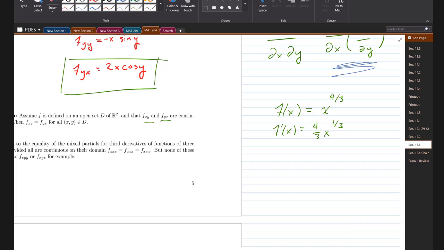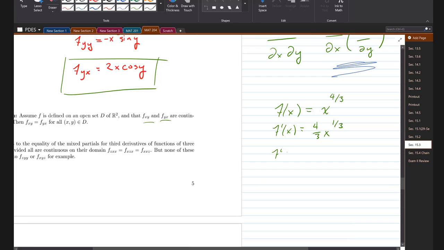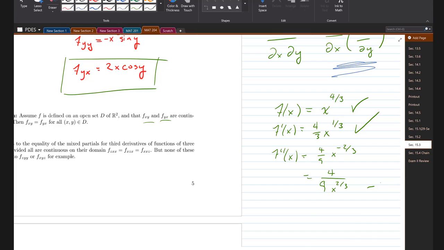But when I go to take the second derivative here, we get 4/9 x to the minus 2/3, which is 4/9 x to the 2/3 in the denominator. This function is not defined at 0. This second derivative does not exist at 0, so it's not continuous there.